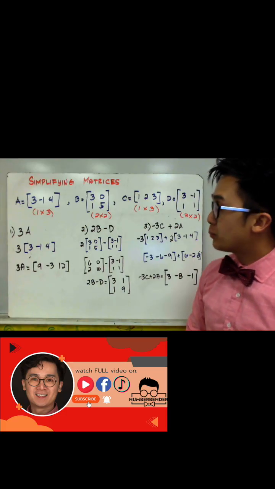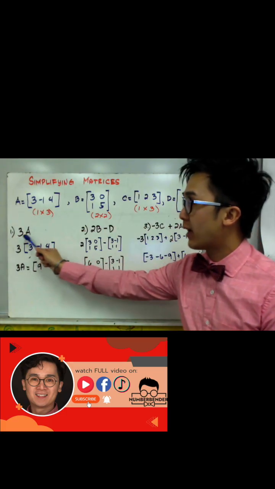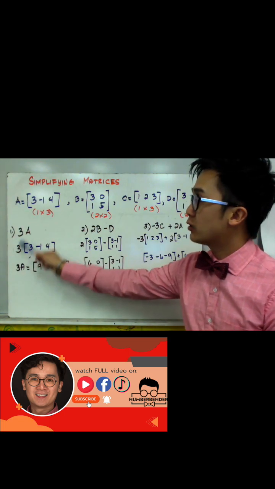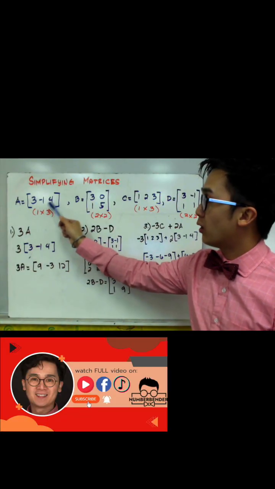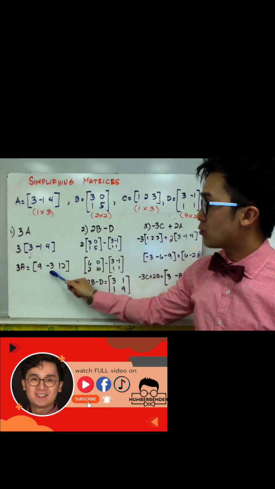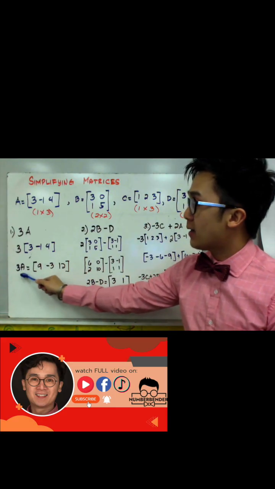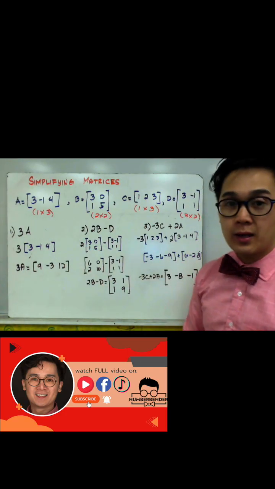Now, if we're going to perform a scalar multiplication for example number 1, which is 3A, all we need to do is to distribute 3 to our matrix A. Matrix A is 3, negative 1, and 4. Distributing 3 to each entry, we'll have 9, negative 3, and 12. So this is our 3A by scalar multiplication, which is another 1 by 3 matrix.